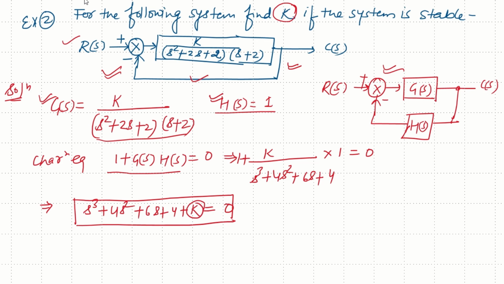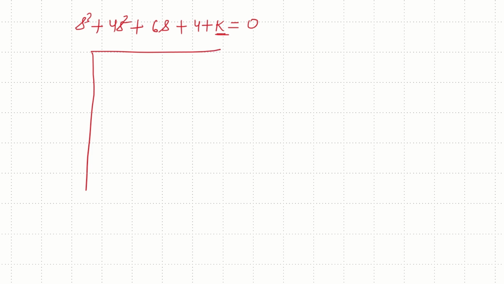Now this particular problem is the same as the previous question which we just solved. So let me solve this. We have the characteristic equation given as s to power 3 plus 4s square plus 6s plus 4 plus K equals 0. The system is stable, so we need to find the value of K. Again we will make the Routh table for this question.